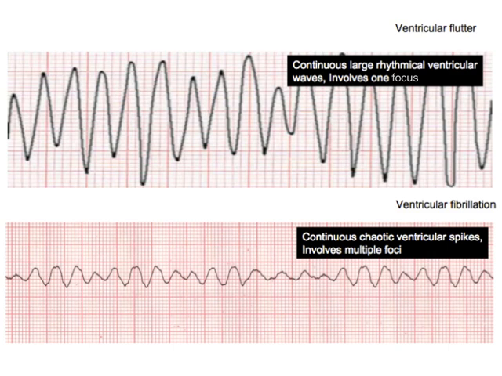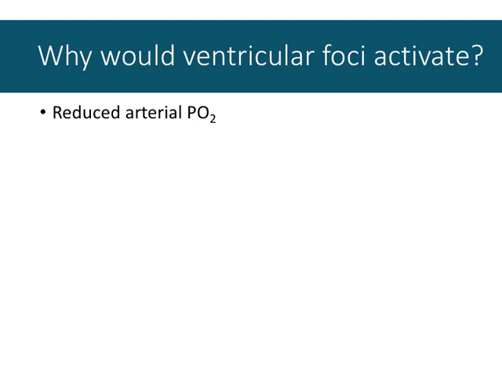So why would the walls of the ventricles activate? One common example that's actually been only well studied recently is the idea that hypoxia causes premature ventricular contractions or irritation of ventricular foci.